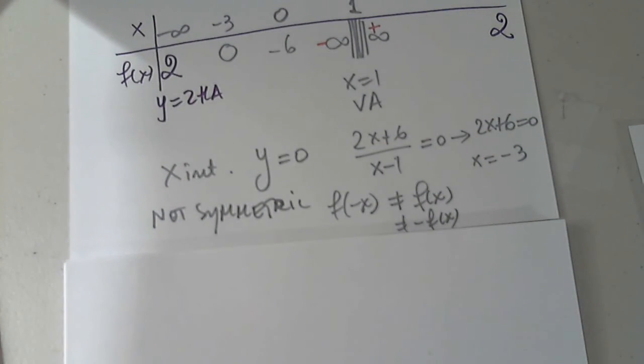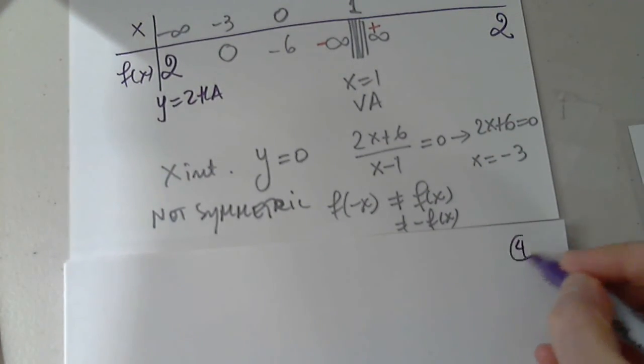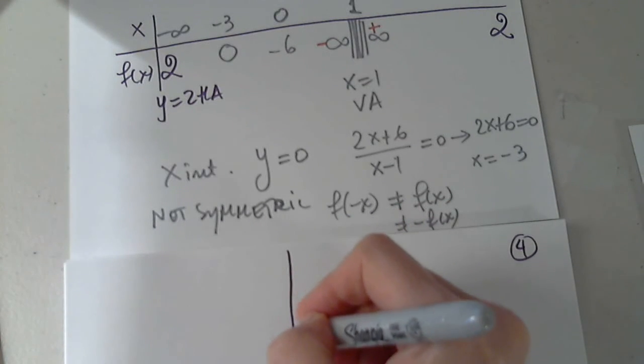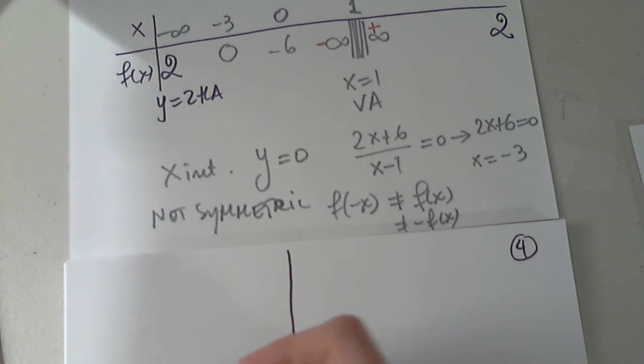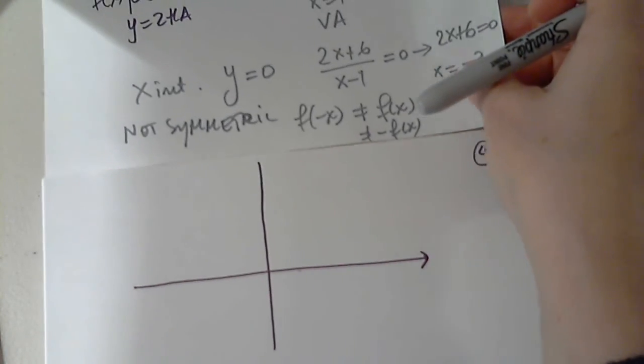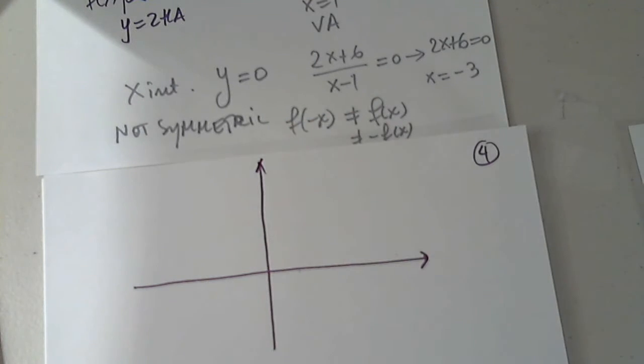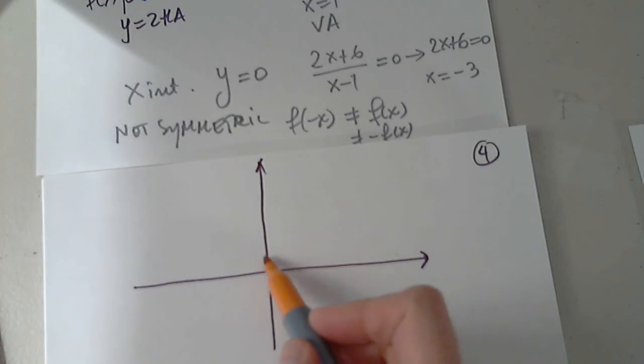When we graph functions with asymptotes, what do we need to graph first? When we graph functions with asymptotes, we must graph the asymptotes first. Okay, let's do that. There are two asymptotes.